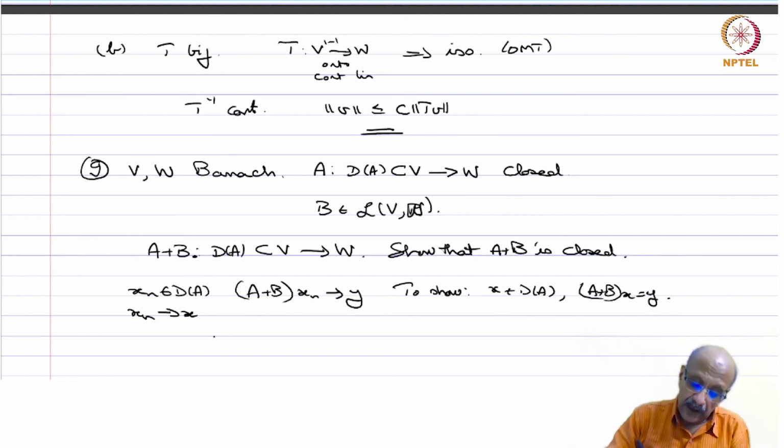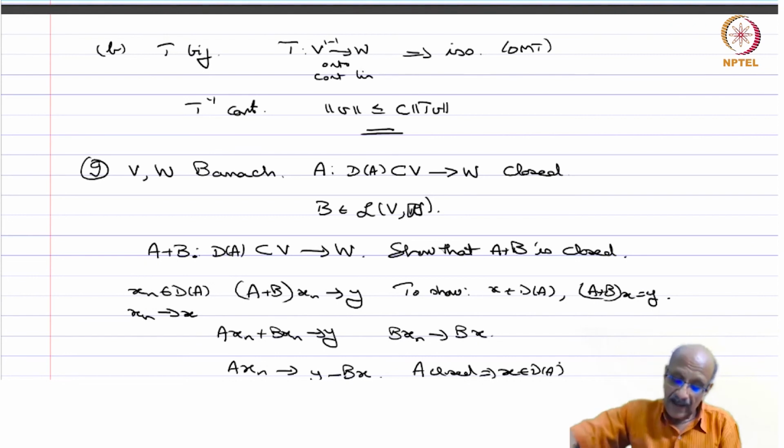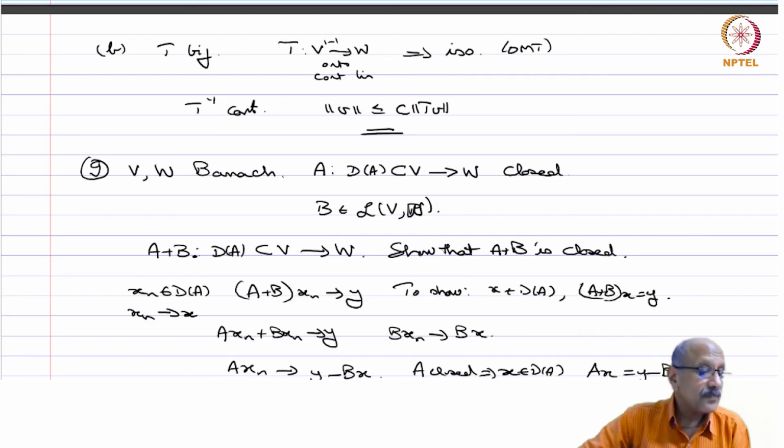So Ax_n plus Bx_n converges to y. But B is continuous, so Bx_n converges to Bx. Therefore Ax_n converges to y minus Bx, and x_n converges to x. A is closed, given, so this implies x belongs to D(A) and Ax equals y minus Bx, and therefore (A+B)x equals y. So this shows that A plus B is closed. Okay, thank you.